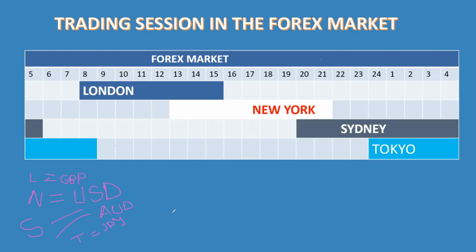So these are the currencies that tend to be most volatile during these different sections. We also have Frankfurt. I didn't include it here. Frankfurt section. All these things are important that you get to know them. Frankfurt section is Euro. That is highly volatile during this section, Euro.